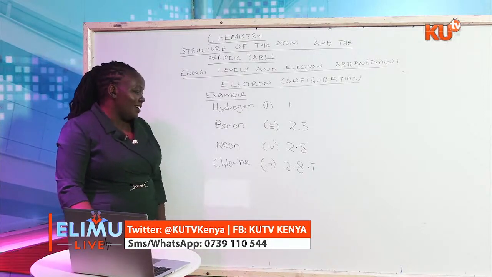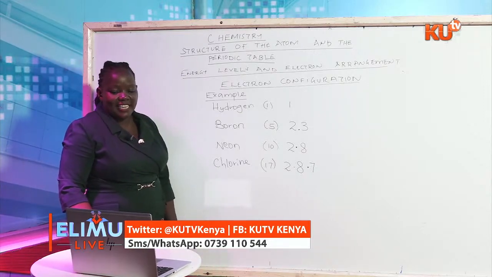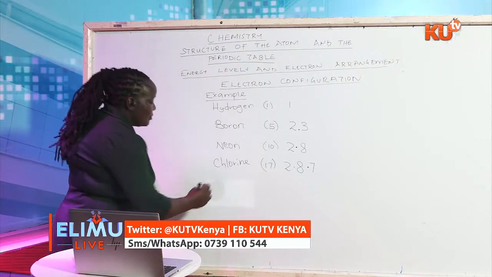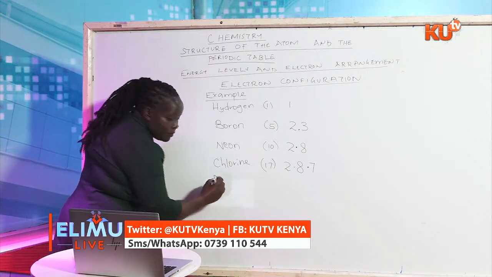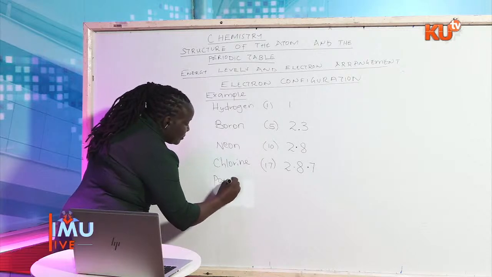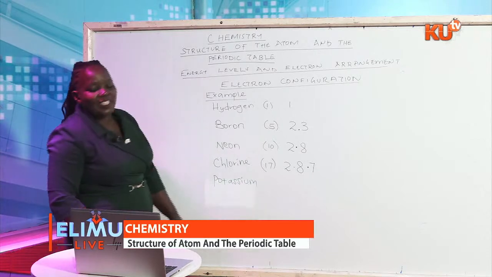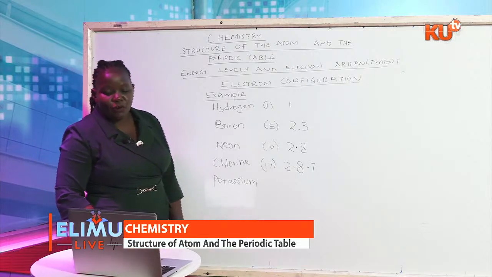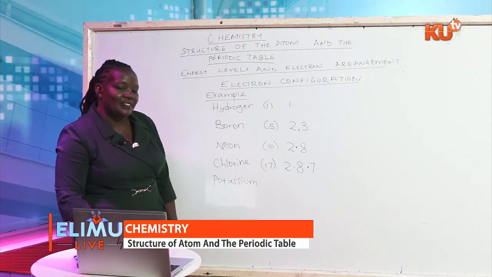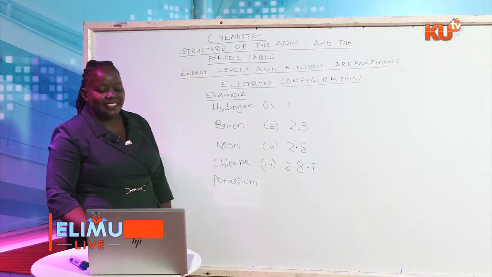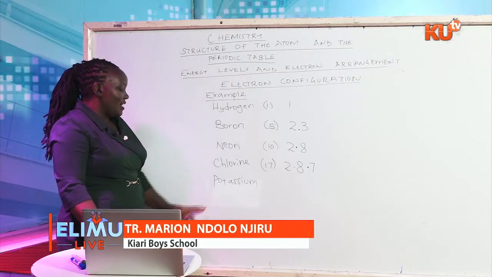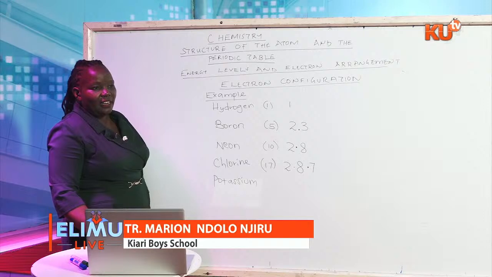Then I want us to look at another element here, potassium. What is the atomic number of potassium? Yes. The atomic number of potassium is 19.